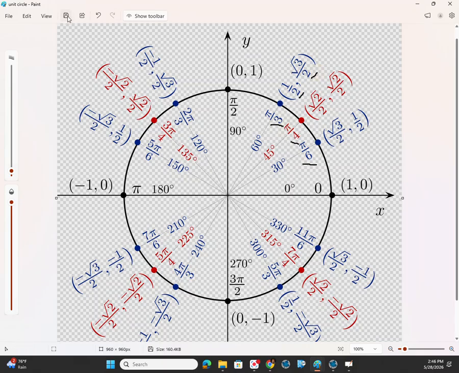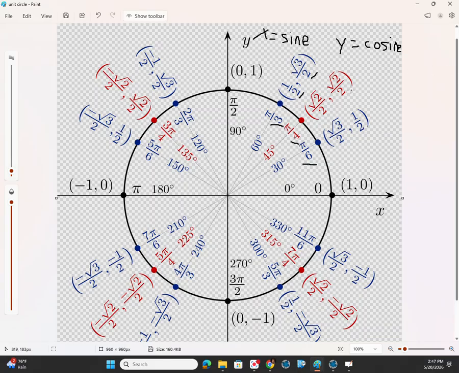And the way that these coordinate points work is that we associate them with either the x coordinate is the sine, sorry, I'm having to use my mouse again, and the y coordinate is the cosine. I didn't think this through.